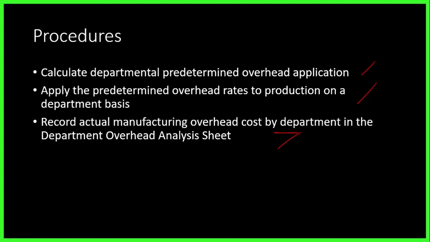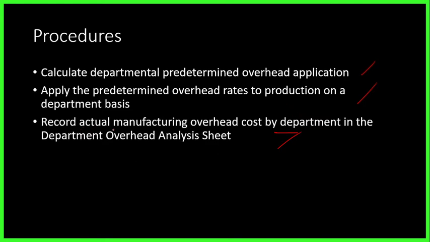Now, as discussed earlier, the advantage of having a predetermined overhead rate is that it allows you to record the cost before the accounting period ends. So it allows you to estimate and record that cost. Kaya dito, you can already apply or record your estimated overhead before your actual.